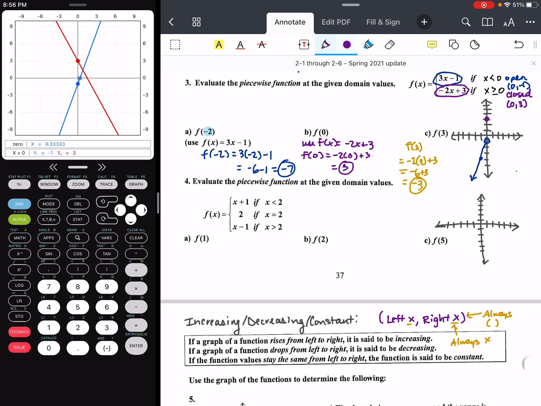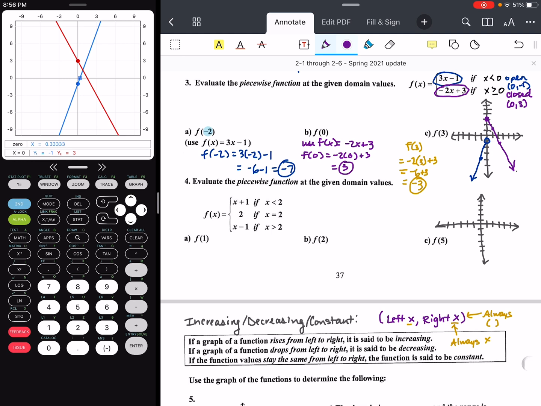And then I have my slope of negative 2, so continuing to find new points, I'm going to go down 2 to the right 1, down 2 to the right 1. I'll draw a few points there, and then go ahead and connect. That's the next piece of my function.